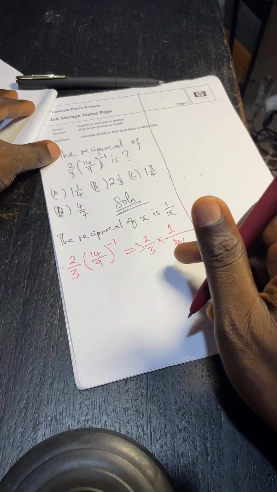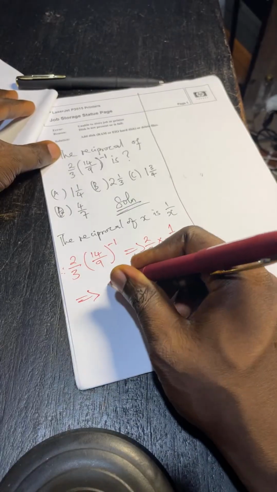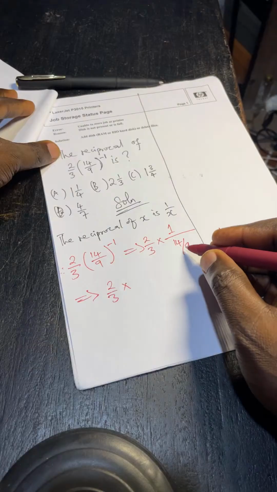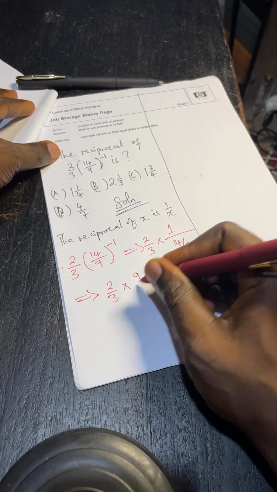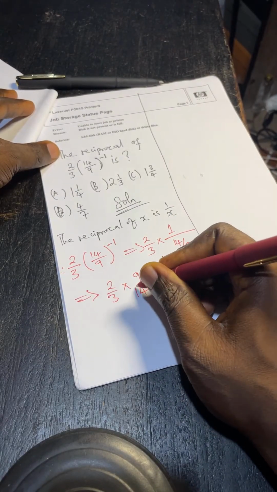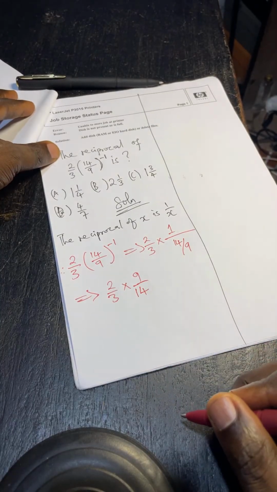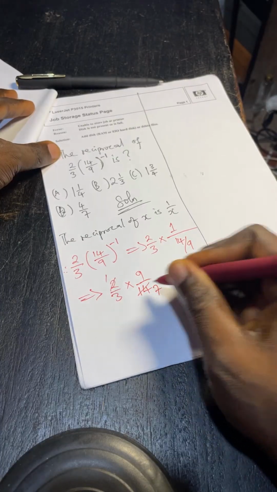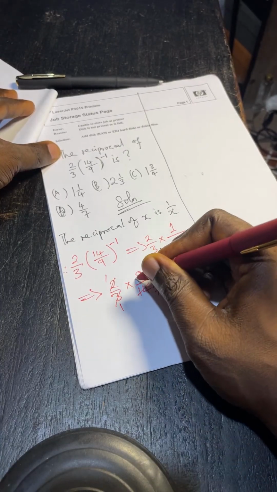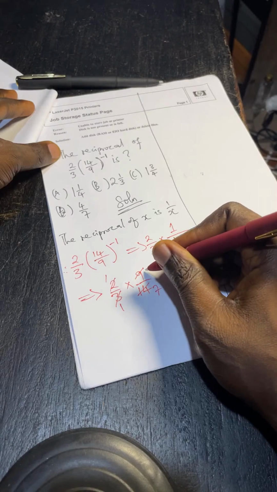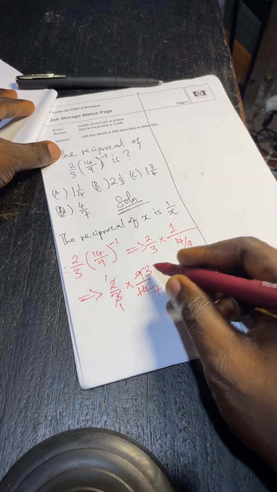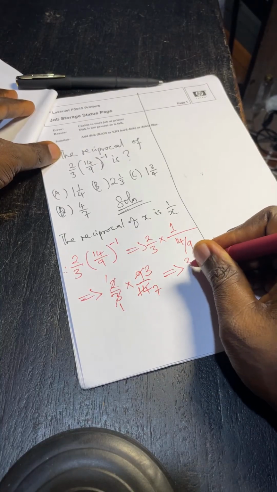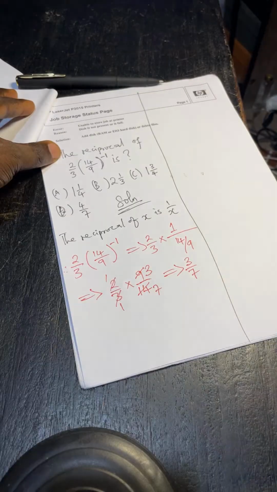And 1 all over 14 over 9 this way, that will be giving you 2 over 3 times, that's what this bracket stands for. 9 will move up, it becomes 9 over 14. 2 here is 1. 2 into 14 is 7. 3 here is 1. 3 into 9 is 3. So 3 times everything here is just going to give you 3 over 7.